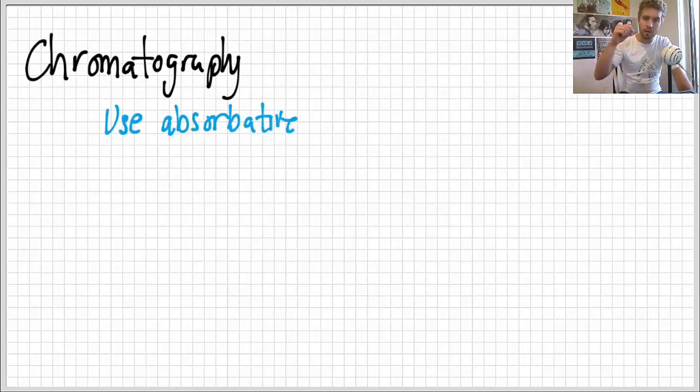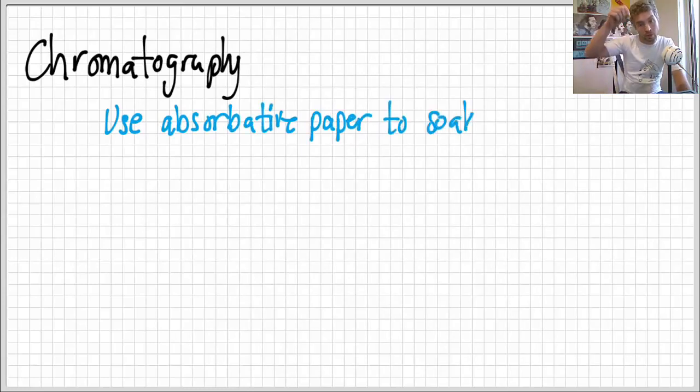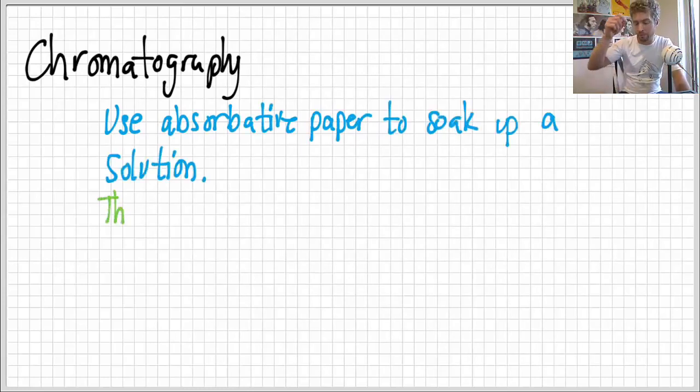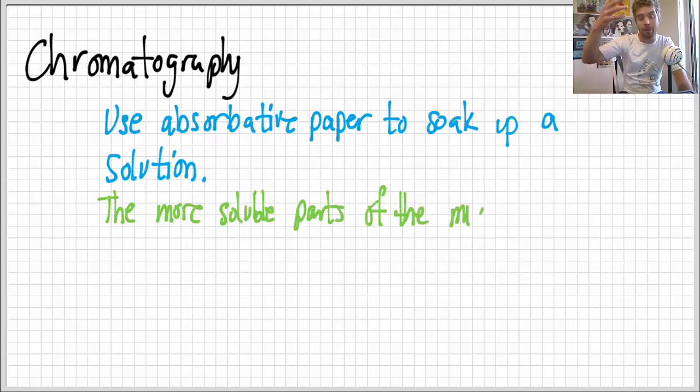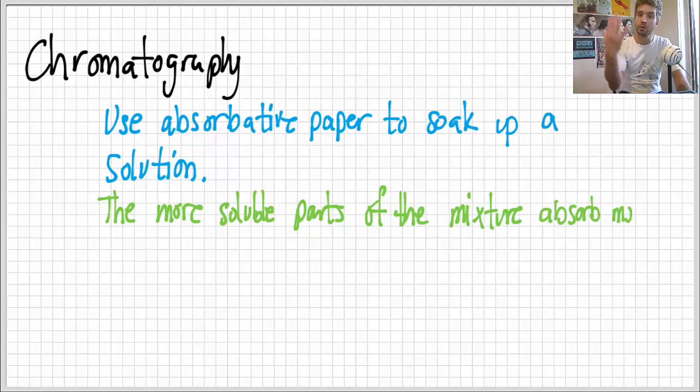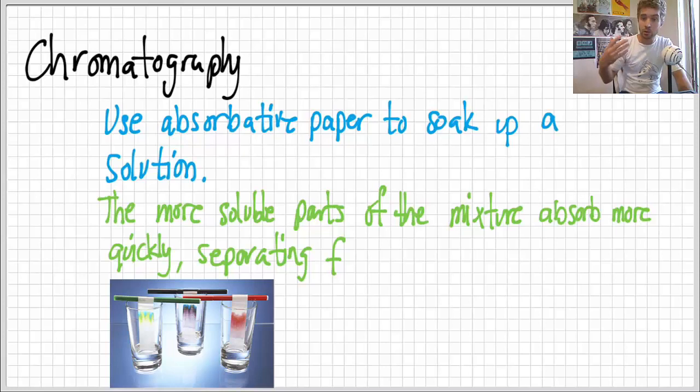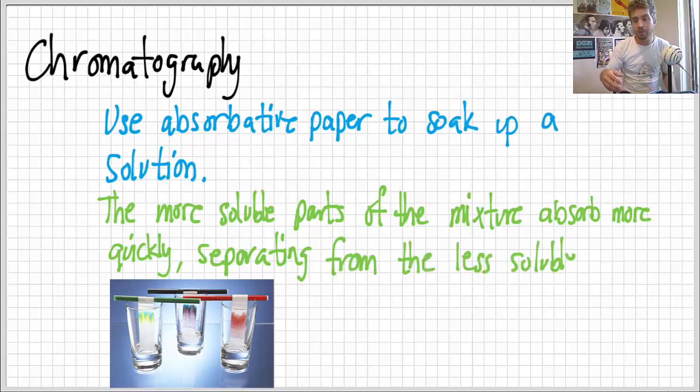All right, our last technique is called chromatography. Chromatography is when you use some absorbent paper and dip it into a solution. If you've ever dipped paper towel into some water, the water will absorb up the paper towel. It sort of defies gravity and moves up. If the liquid you're dipping it in is a solution with different things dissolved in it, different parts of the solution will climb up and absorb into the paper at different rates and different heights.